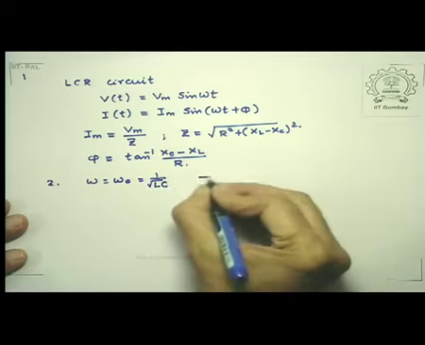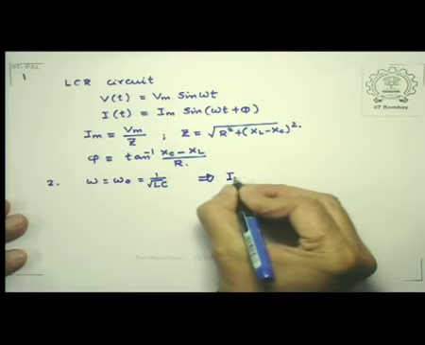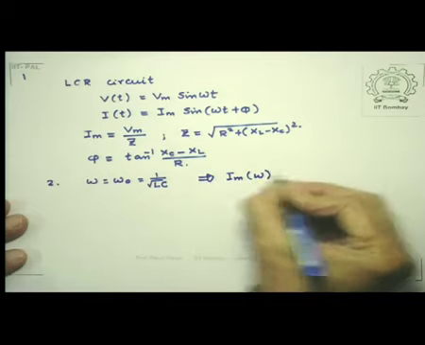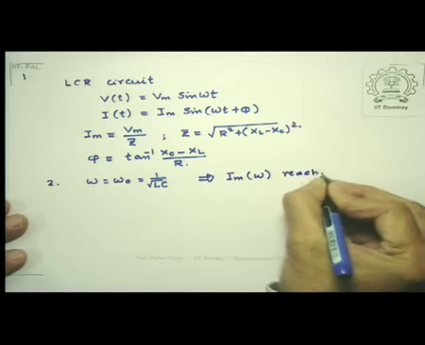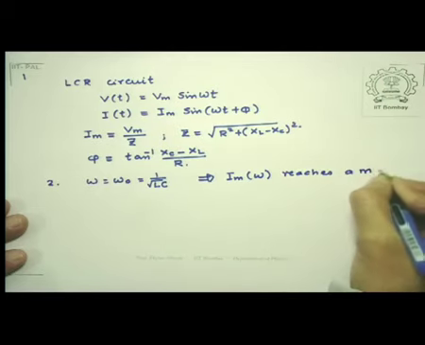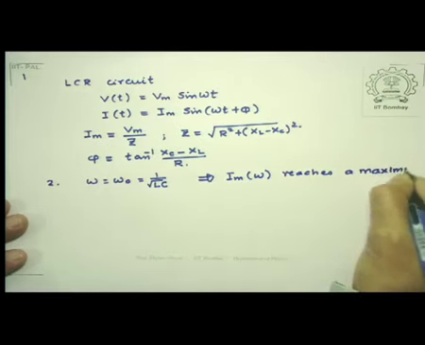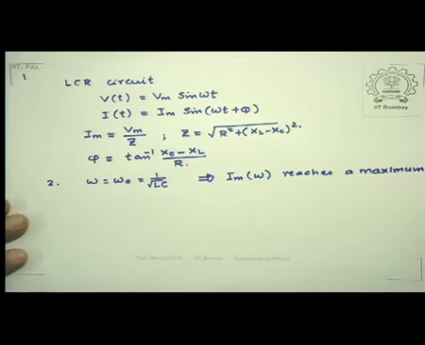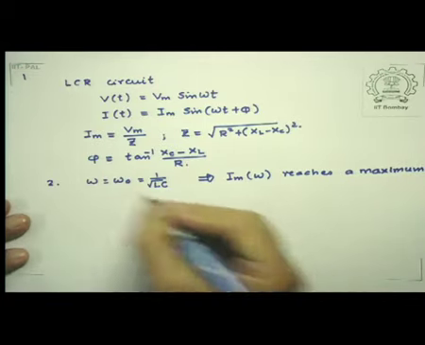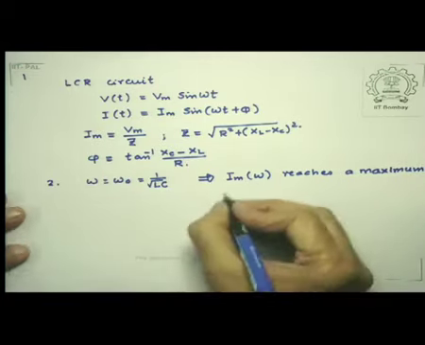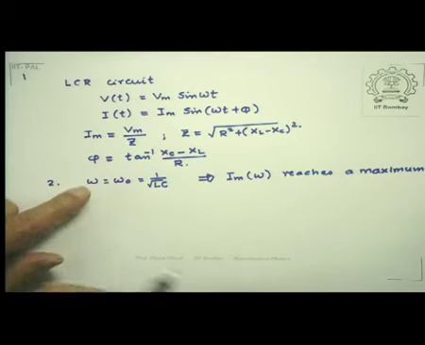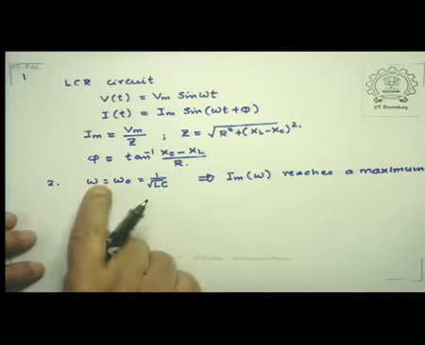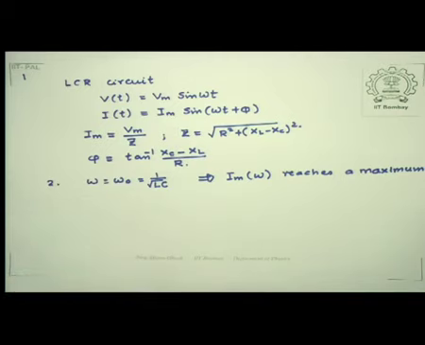This is when Im as a function of omega reaches a maximum, and this frequency omega 0 is known as the resonant frequency. Of course, this is the angular frequency, and the corresponding linear frequency is related to this by division by 2 pi.